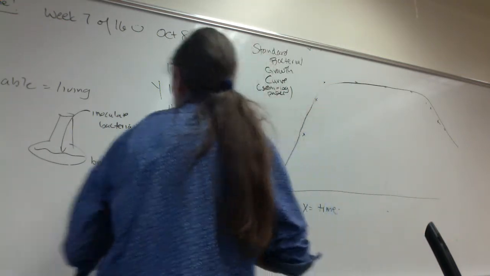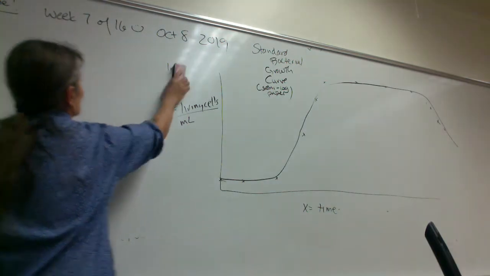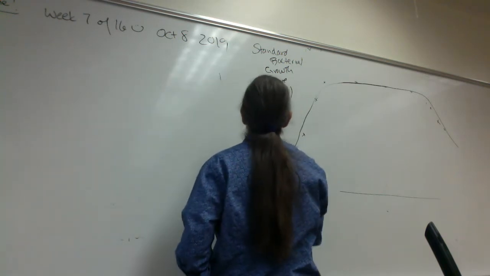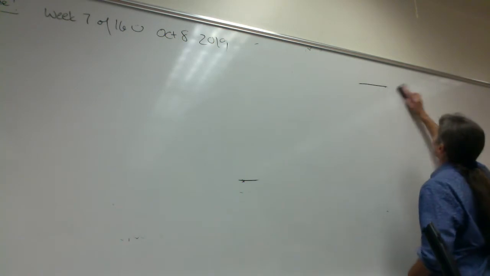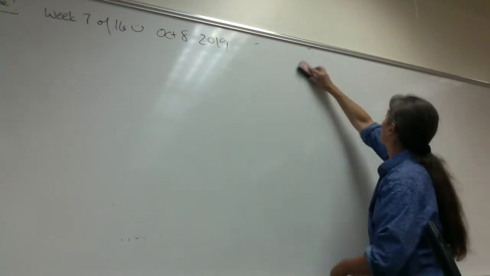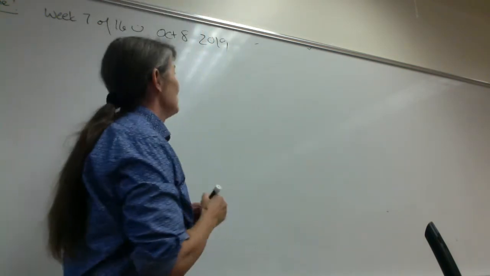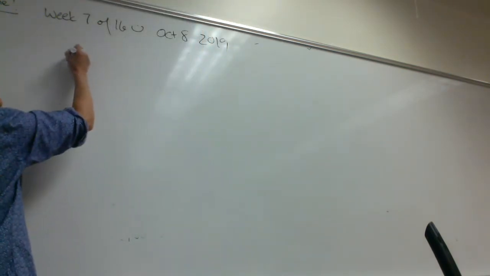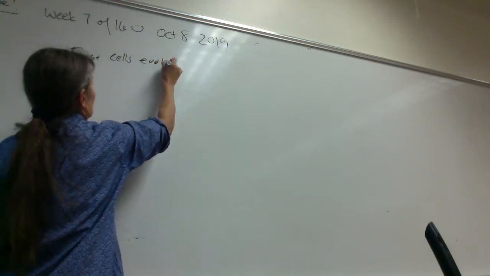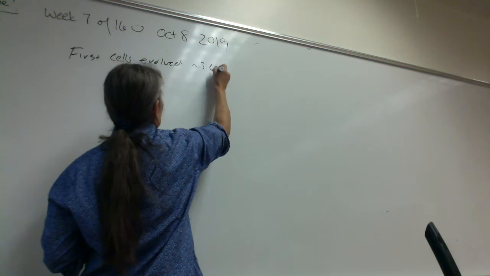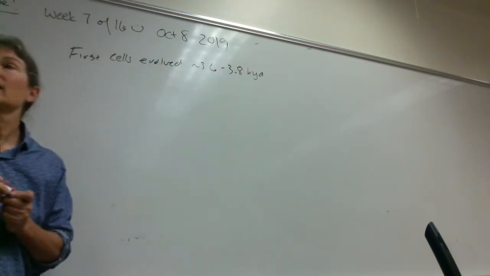So folks, let's take kind of an evolutionary approach to this. All right, you guys, about 3.6 to 3.8 billion years ago, when the first cells evolved, what was Earth's atmosphere like?